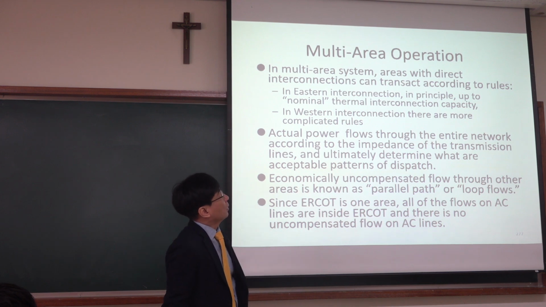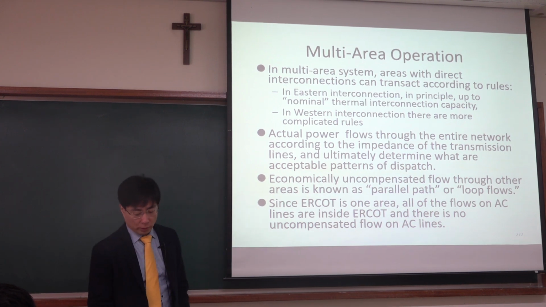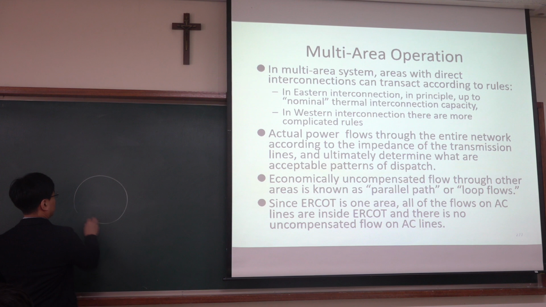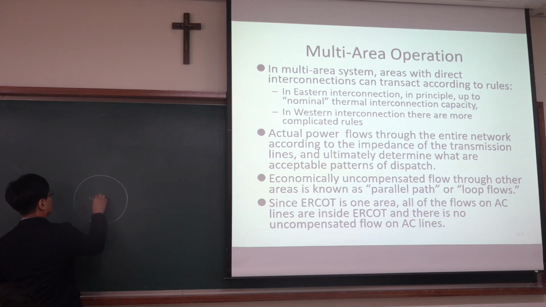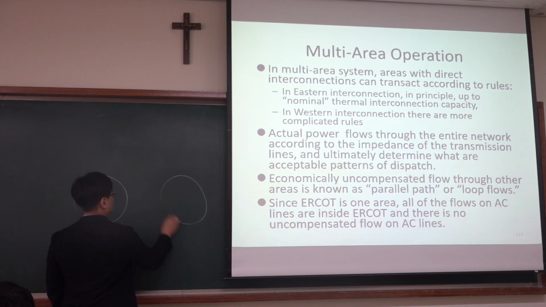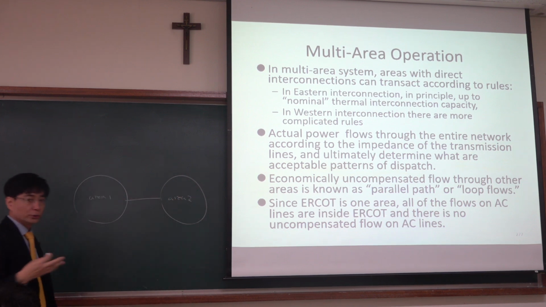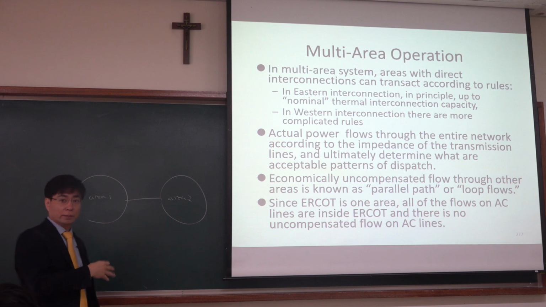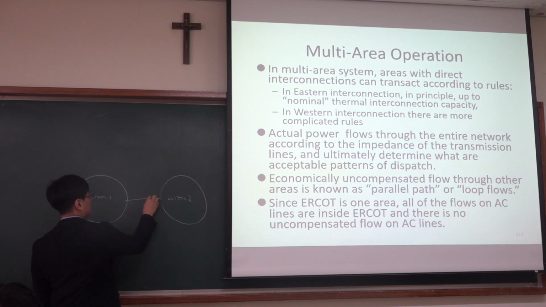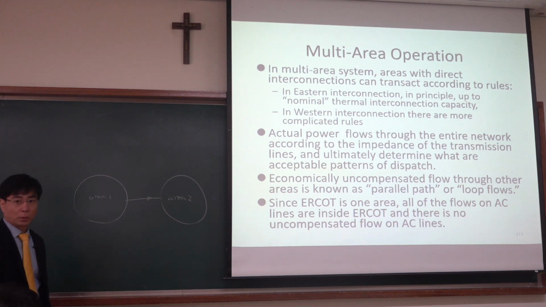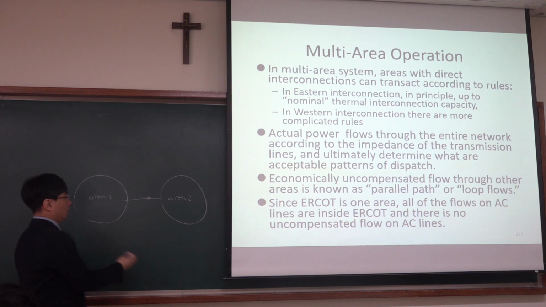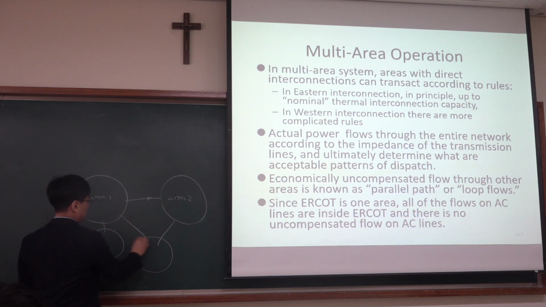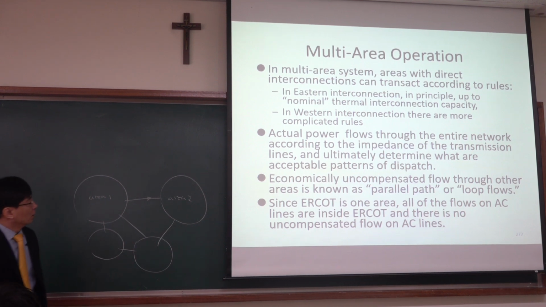So in the case of multi-area operation, this is area 1, and this is area 2, and maybe there is a power transaction which was made in advance. So they expect to import or export some amount of power. But anyway, this is a power system, and there are other areas like this, and somehow they are interconnected, right?